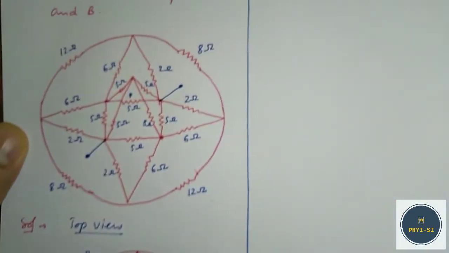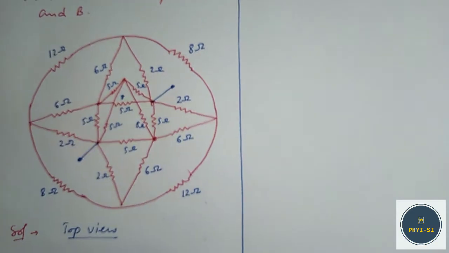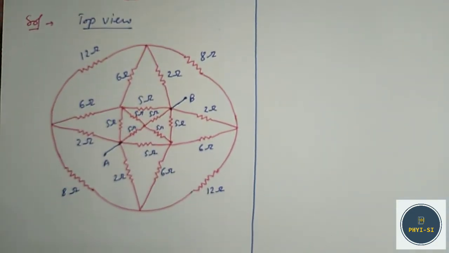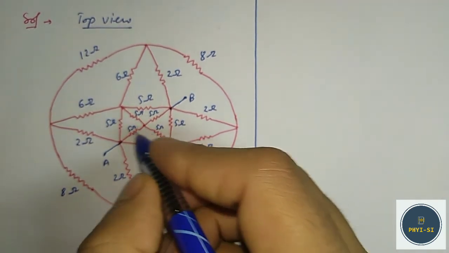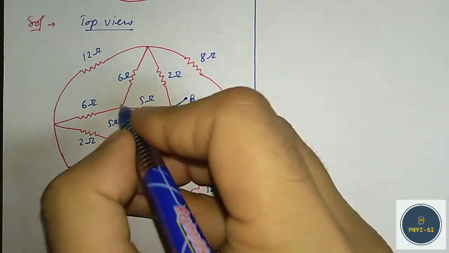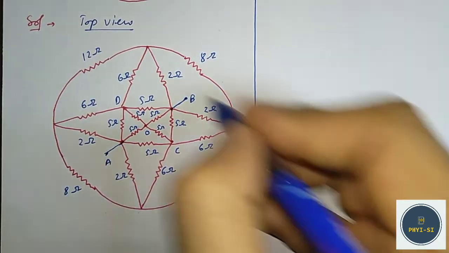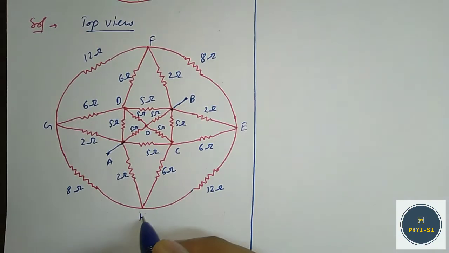You see this dome-like structure, I have drawn it like this. So if you see this particular network from the top, this would be the view. Let's name it. This is O, this is A, B, C, D, E, F, G and H.